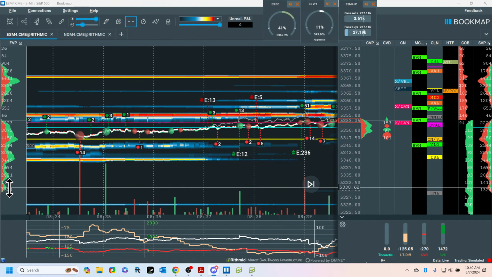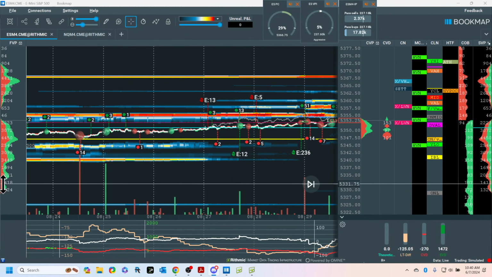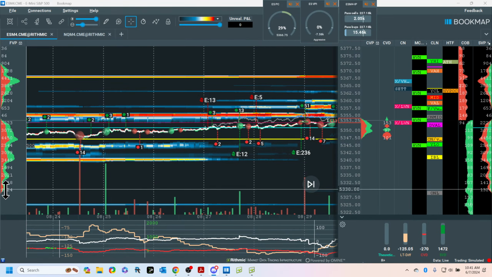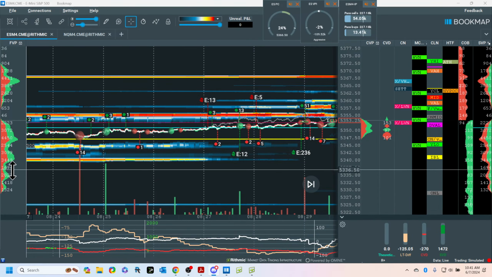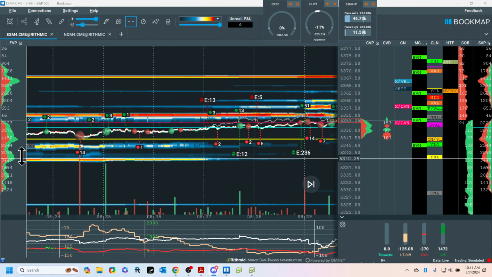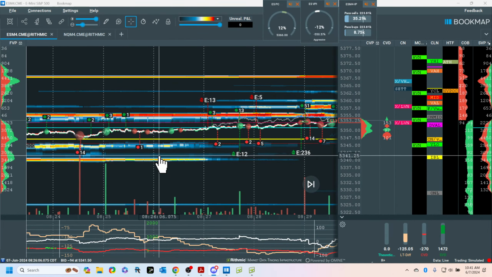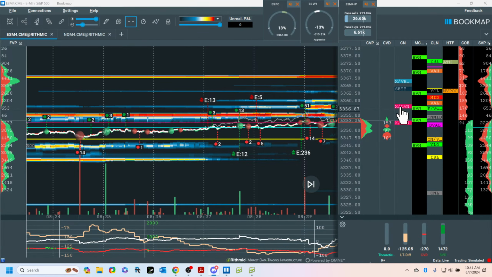You got to be nuts. Get out of here. Retail. And then what happens? It changes. Now we come back, and this now becomes too low. Too low. Too low. So it kind of goes the other way. So the idea of the auction is price discovery. Now let's remember this low volume area.